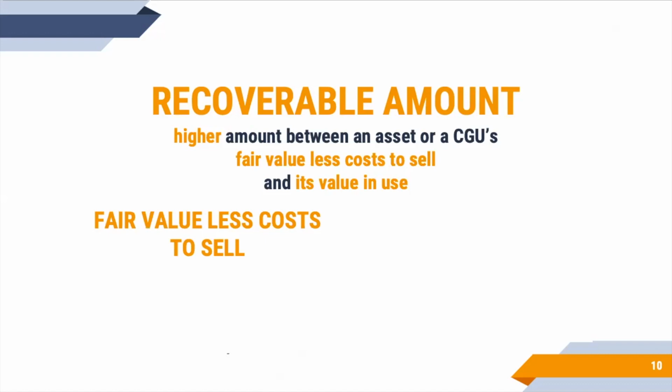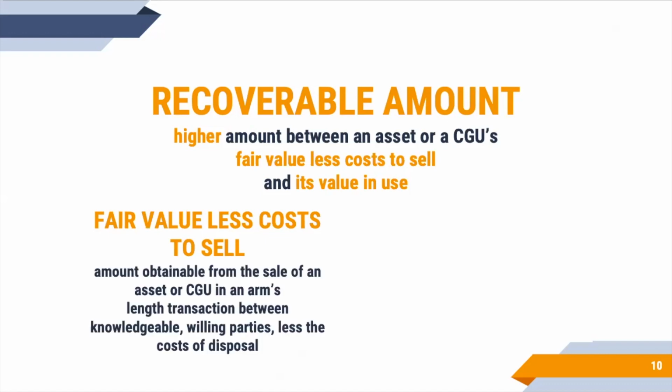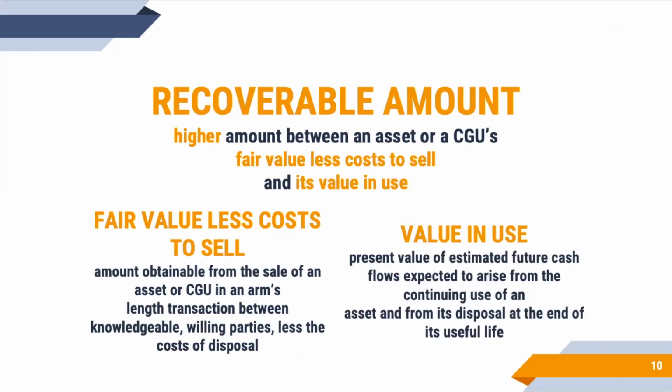The fair value less cost to sell is the amount obtainable from the sale of an asset or a cash-generating unit in an arm's length transaction between knowledgeable willing parties less cost of disposal, while the value in use is the present value of estimated future cash flows expected to arise from the continuing use of an asset and from its disposal at the end of its useful life.